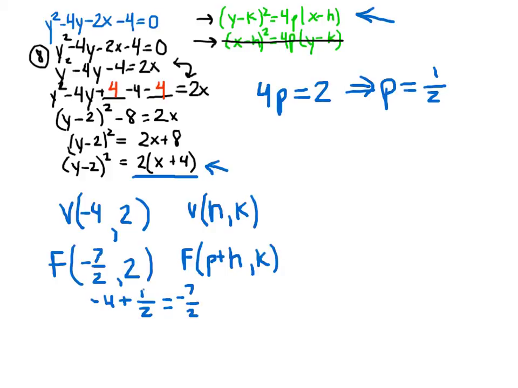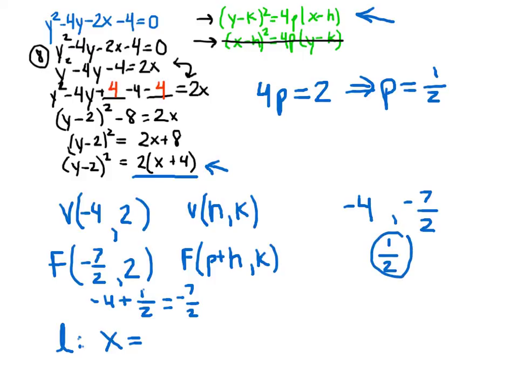And now that we have those two, we can find our directrix, and we'll write that as L. Since the equation is in this general form, it's going to be x equals, and it's the same distance from the vertex as the focal point is. From the vertex to the focal point, we have a -4 and then a -7/2. The distance between those is a half.